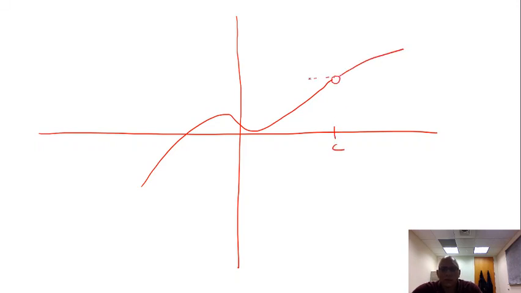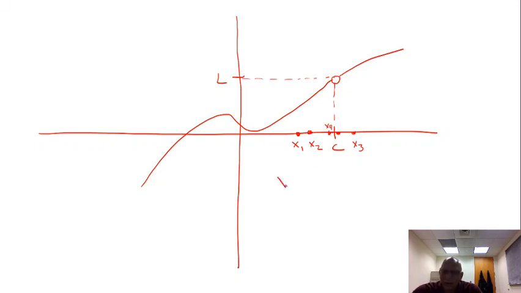So here's my c, here's my L. In order to check that this limit as x approaches c is indeed L, think about my real line down here. I'm taking any sequence of points that I'd like which converge to c. So here's my x1, x2, x3, x4, and so on.